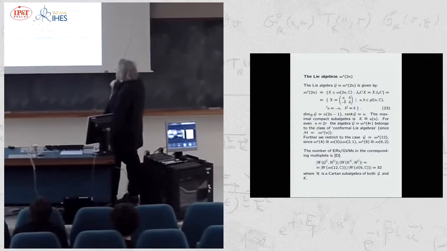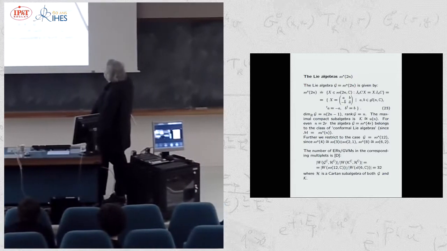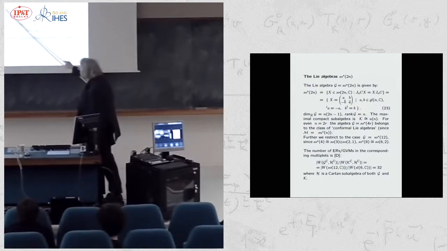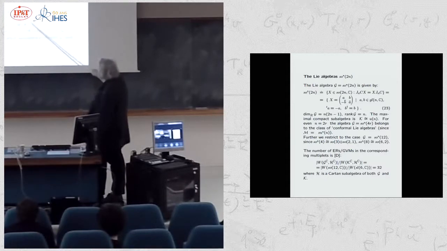Here this work is not entirely finished. Of course, the class of the conformal algebras is when n is itself 2r, so I have to consider SO*(4r). And here the first non-trivial member is SO*(12), because SO*(4) is SO(3) plus SO(2,1), and SO*(8) is SO(6,2).